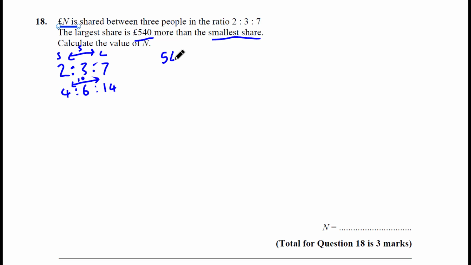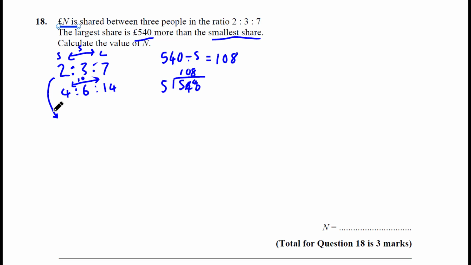So all we need to do is 540 divided by 5, which equals... now if you can't do that, use the bus stop method. So 5 into 5 is 1, 5 into 4 is 0, carry the 4, 5 into 40 is 8, so that's the answer, 108.